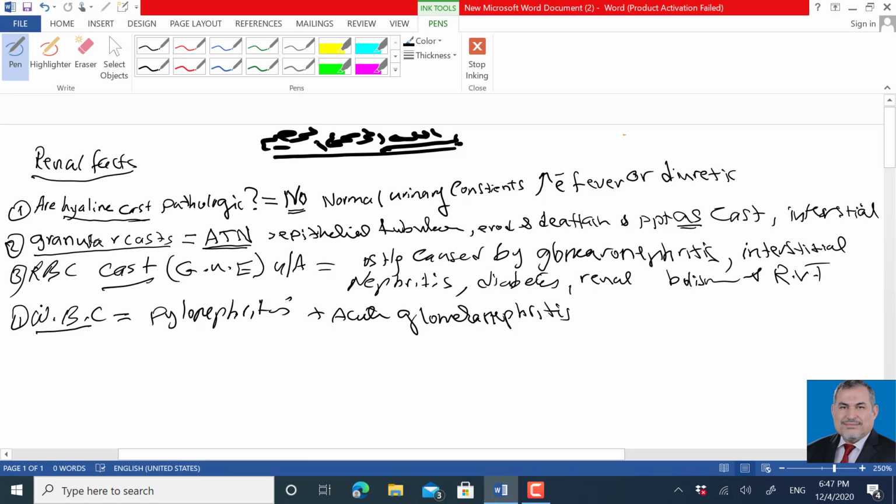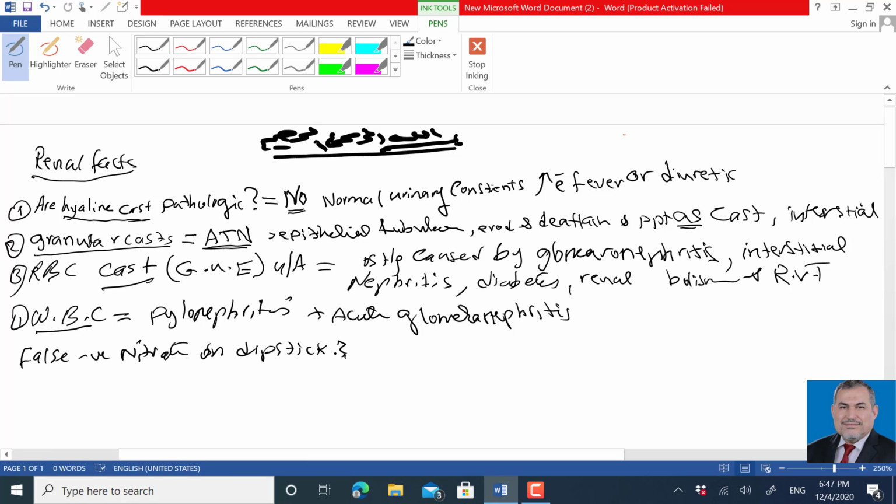Okay, what can cause a false negative nitrite reading on dipstick? We want to read the nitrite on dipstick, false negative. What could be the cause?